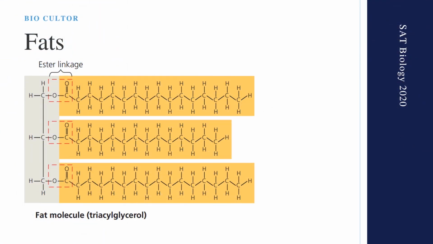So, fats. They consist of two main structures in a ratio of 1 to 3. The first structure is glycerol. It is worth noting that the ending OL means alcohol. The second structure is fatty acids.